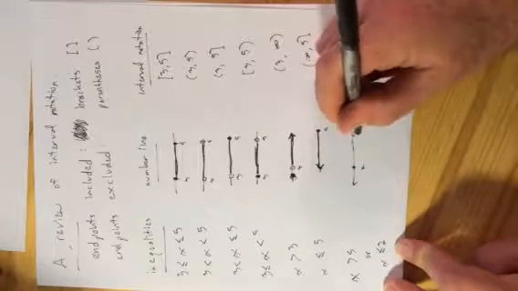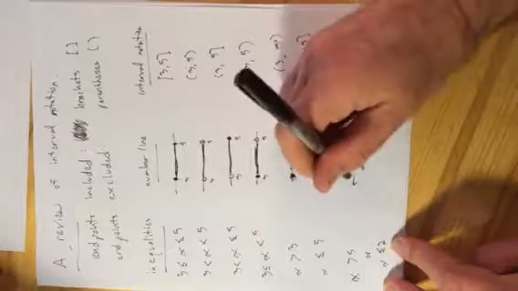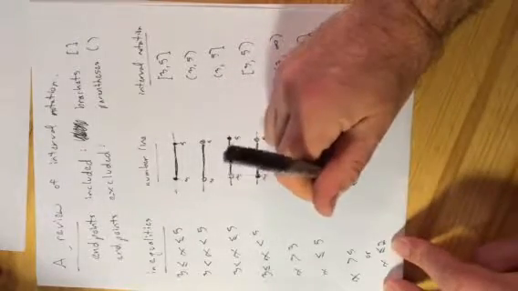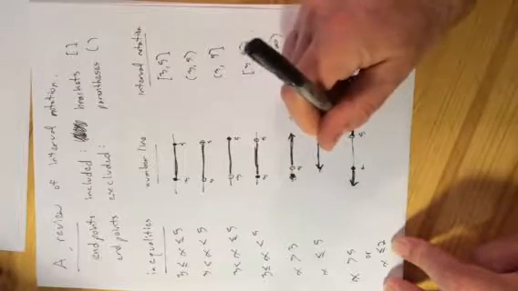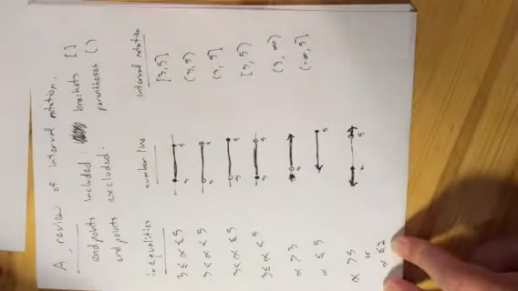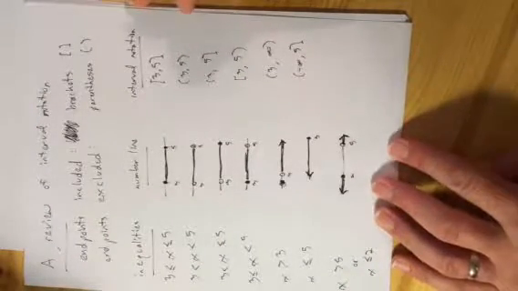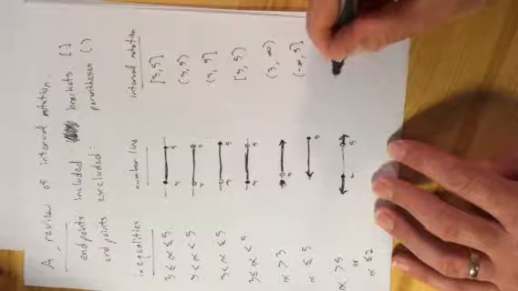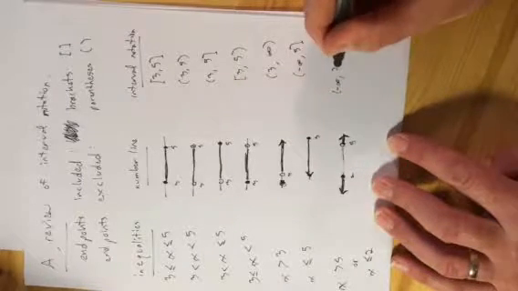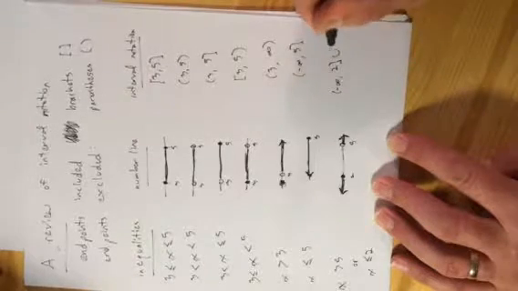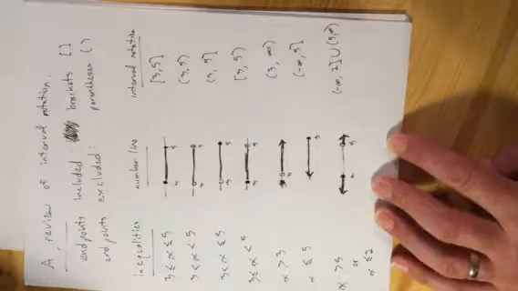Here's 2, here's 5. I want a solid circle at 2 and a hollow circle at 5. And you notice I'm coloring in to the left of 2 and to the right of 5, so the pieces don't connect. I've got two separate pieces I need to connect together. If you remember the notation for that, I need to join them up with a union. So I've got negative infinity to 2 with a bracket on the 2, union 5 to infinity with a parentheses on the 5.